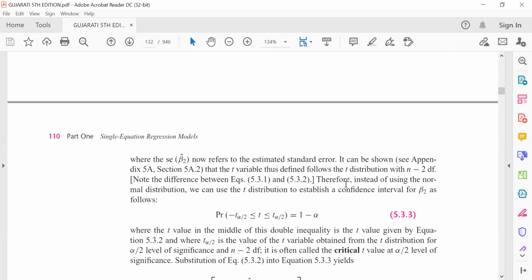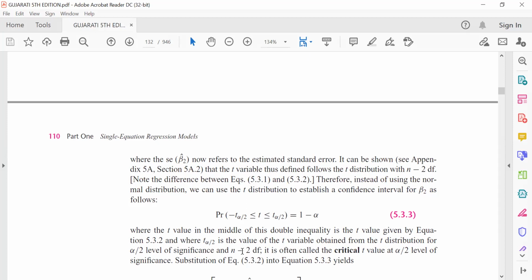Therefore, instead of using the normal distribution, we can use the t distribution to establish a confidence interval for estimators, not only beta 2 but also beta 1 and other betas, where the t value in the middle of this double inequality is the t value given by equation 5.3.2, and where t alpha over 2 is the value of t obtained from the t table.